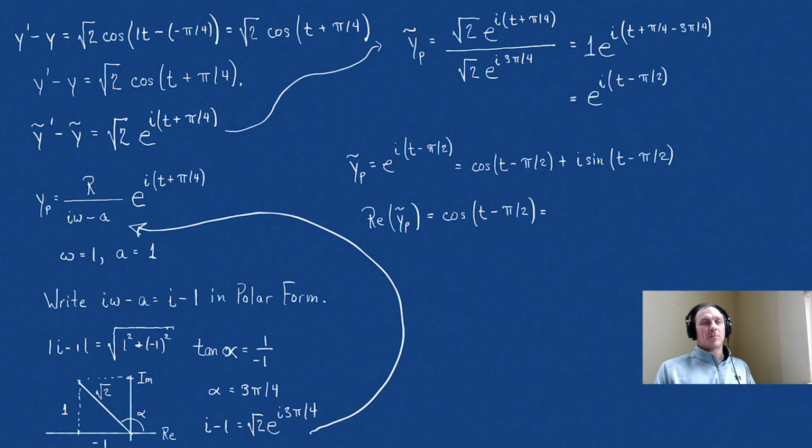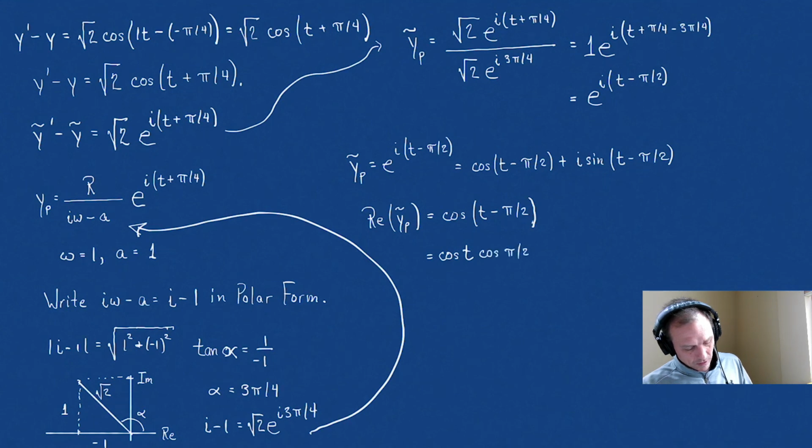Remember, if we use the cosine of a difference of angles formula, this becomes the cosine of t cosine of pi over 2 plus the sine of t times the sine of pi over 2.